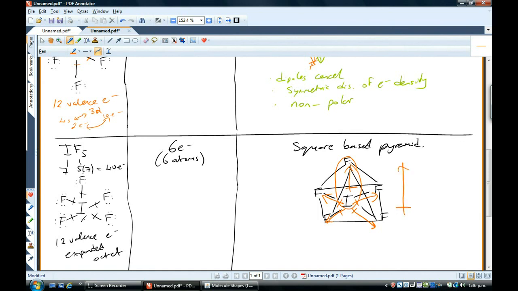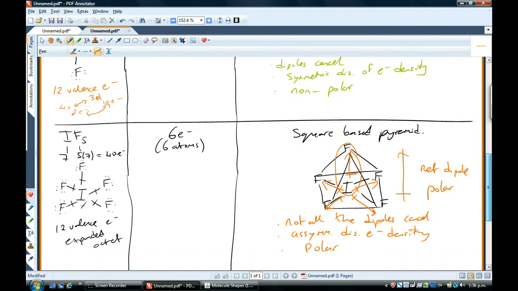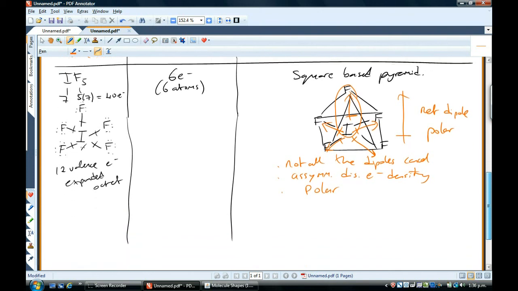So overall there is a net dipole, and so the molecule is polar overall. So not all the dipoles cancel. As a result, you have asymmetric distribution of electron density, and this molecule, a square-based pyramid, is actually polar. So that's a good one to put on exam questions, because it's not that evident initially.